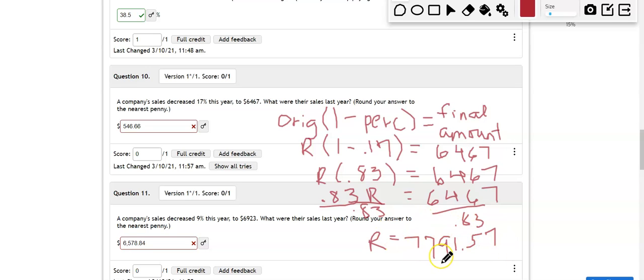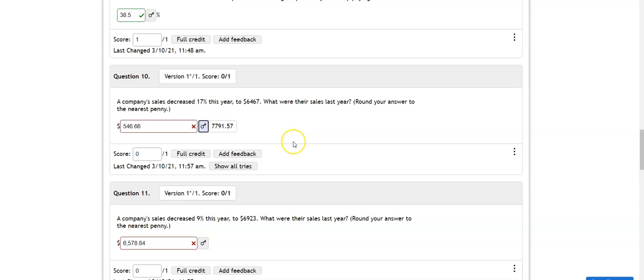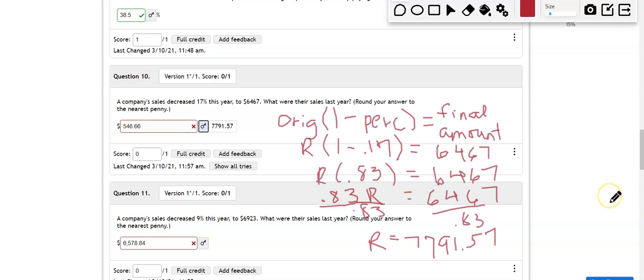And that's our original amount. And of course, your original amount before the decrease should be more than this right here. And let's see if it'll let me show that amount. And of course, we see that's exactly what we got. Now I'll bring this back for us in case you weren't through writing that down.